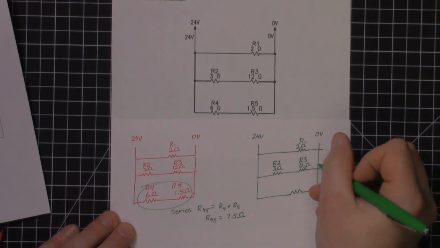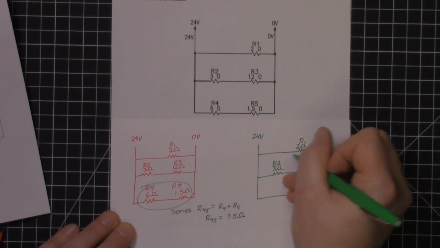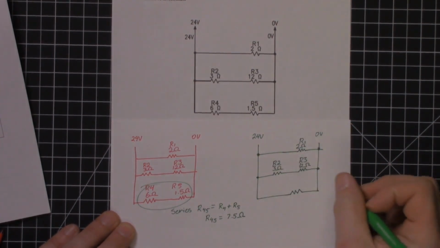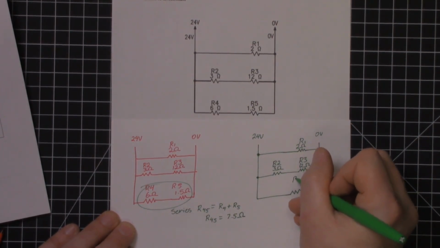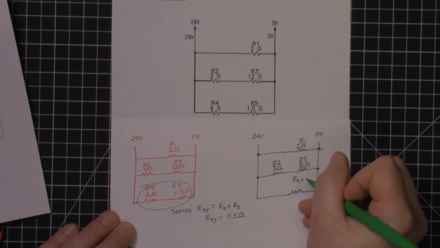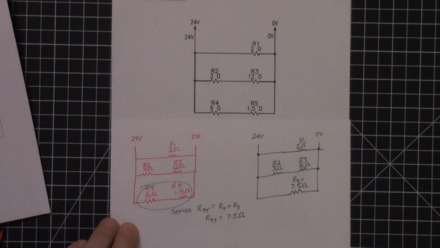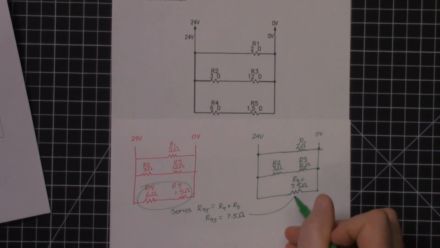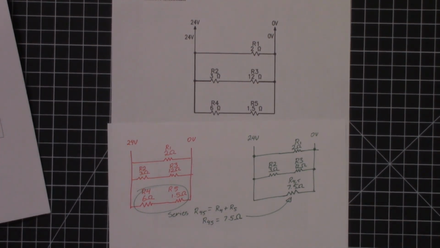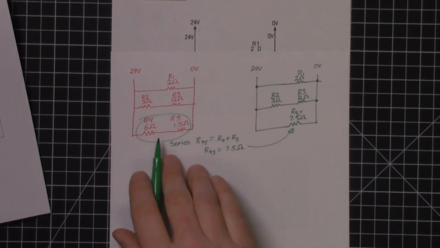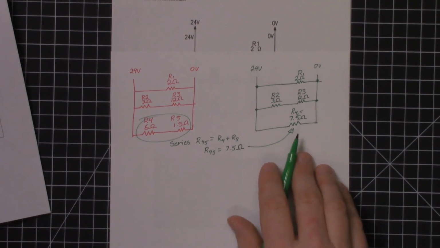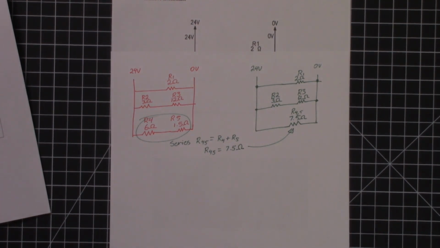We were able to simplify one of these resistance values. Put my little nodes in there. And this becomes the equivalent of resistors 4 and 5, and it has a value of 7.5 ohms. So that's where the 7.5 ohms went right there. We recognized that those two are actually in series with one another, so we can add them together, and we get 7.5 ohms.